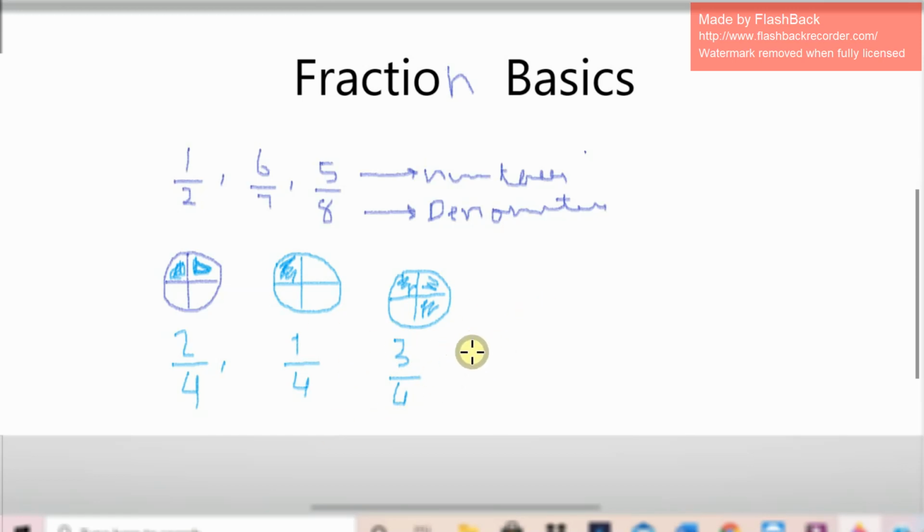Here the number 2 is pronounced as the numerator and number 4 is pronounced as the denominator, as fourth, and the fraction is called 2/4.